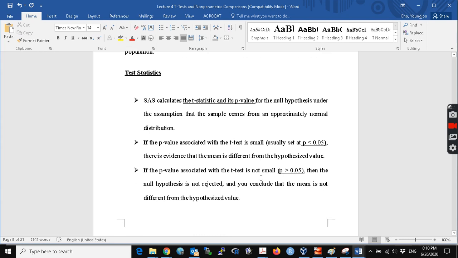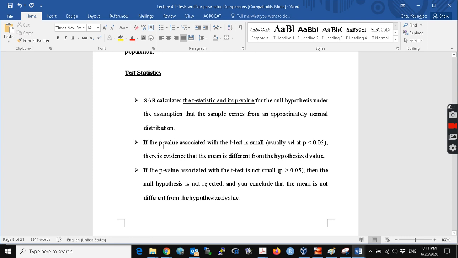Okay, and then the test statistics. Now, before I talk about part C, I want to talk about the t statistic and p-value. SAS calculates the t statistic and its p-value. If you remember the statistics theory, the p-value is the probability of finding a test statistic as extreme as the observed statistic.